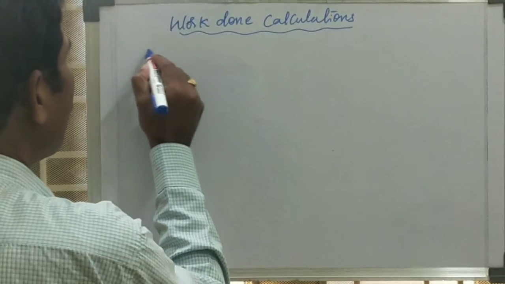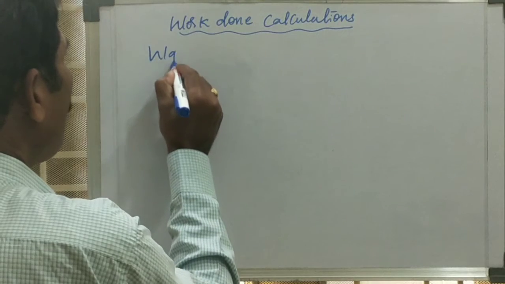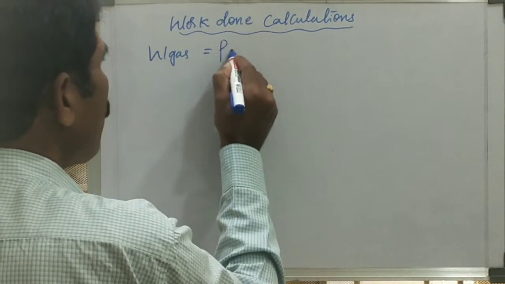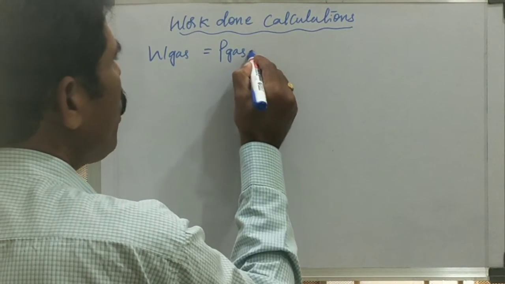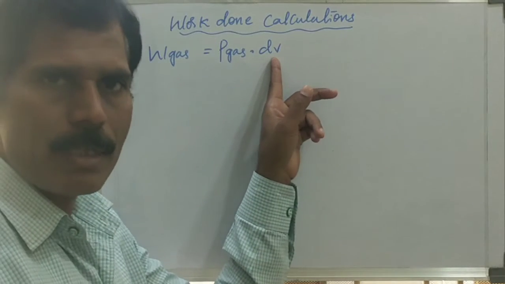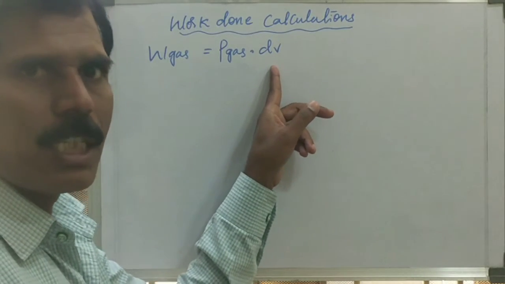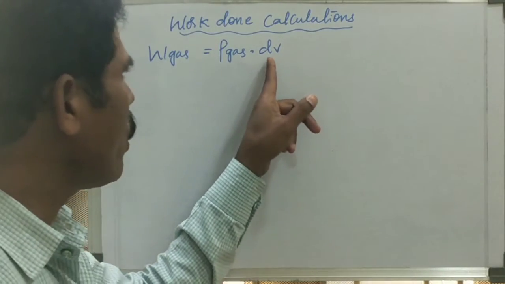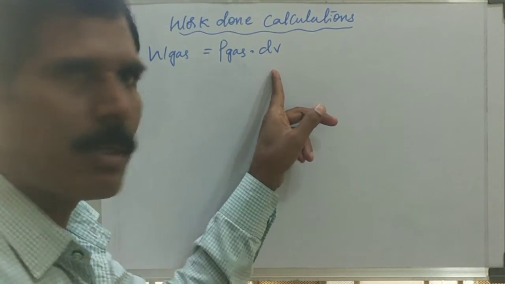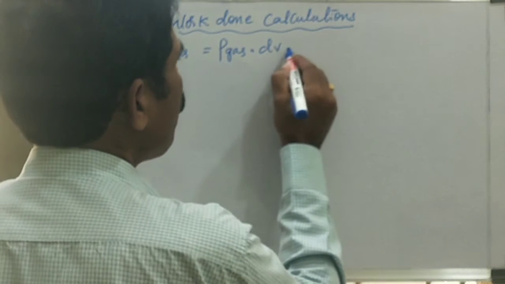Let me write what that formula is. W gas is equal to pressure of gas into dV. dV gives a small change, which gives information about the reversible process, right?